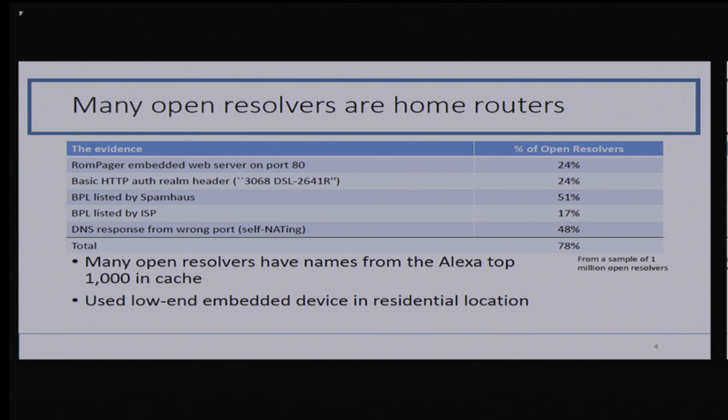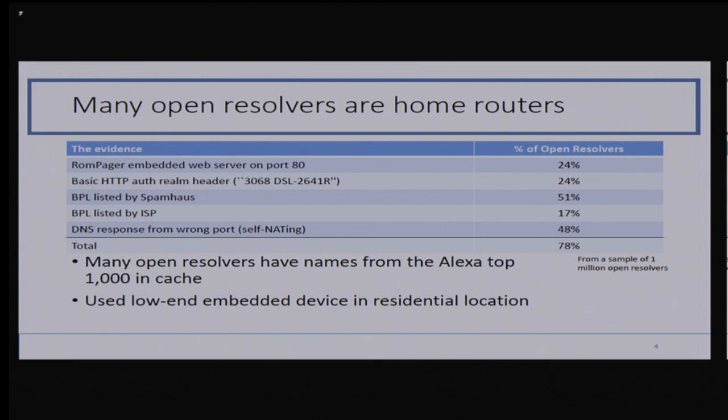Also, we see that nearly half of them actually return DNS responses on the wrong port, so any port other than 53. We attribute this behavior to an erroneous self-NATting, where the device is actually performing network address translation on its own packets.